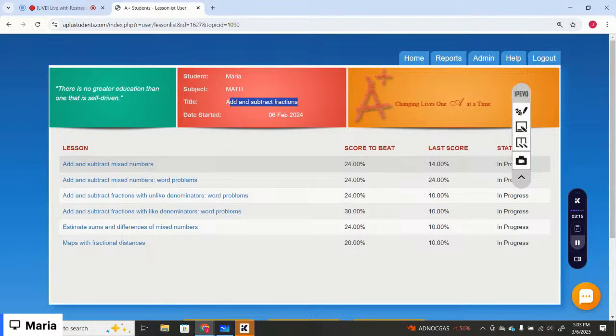Grade 6 math chapter we're on right now is add and subtract fractions. Let's just start with the lesson that is add and subtract mixed numbers.